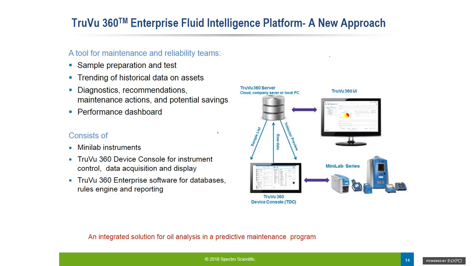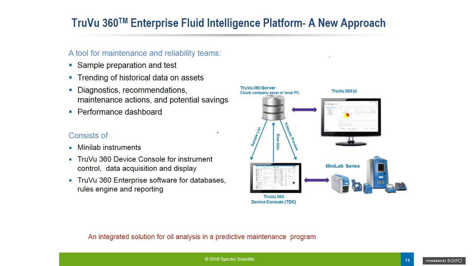So the TrueView 360 Fluid Intelligence Platform is a new approach. It is a tool developed for, and in cooperation with, maintenance and reliability teams. From sample preparation and test on the MiniLab to the TrueView Enterprise Platform's asset database, oil database, and alarm limit sets, it allows trending of the historical data and the performance of the assets.